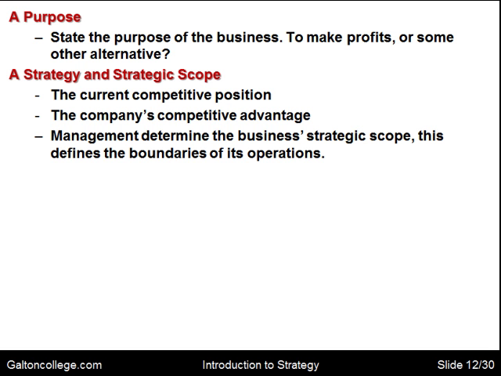Management determine the business's strategic scope. This defines the boundaries of its operation. So the strategic scope of the business is what management set it out to be. The scope is how far into the market it will reach, how it will supply the market, how it is organized. So these sorts of decisions are set out by management.